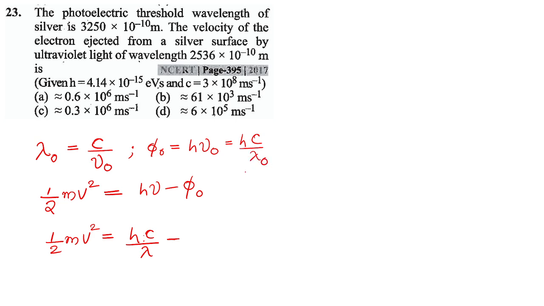Because phi 0 is not given in this question, we studied earlier that phi 0 equals h mu 0, or h into c by lambda 0, hc by lambda 0. Okay, we get this equation. So we can substitute.